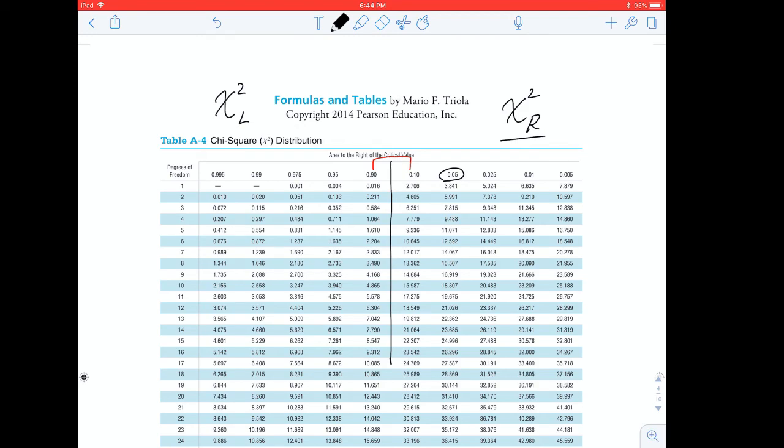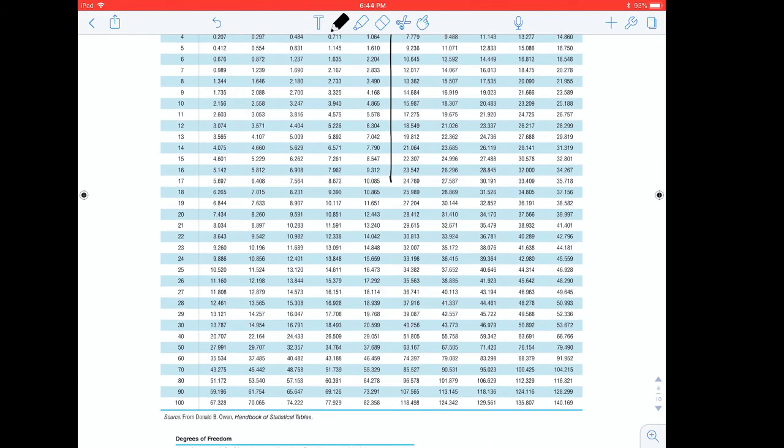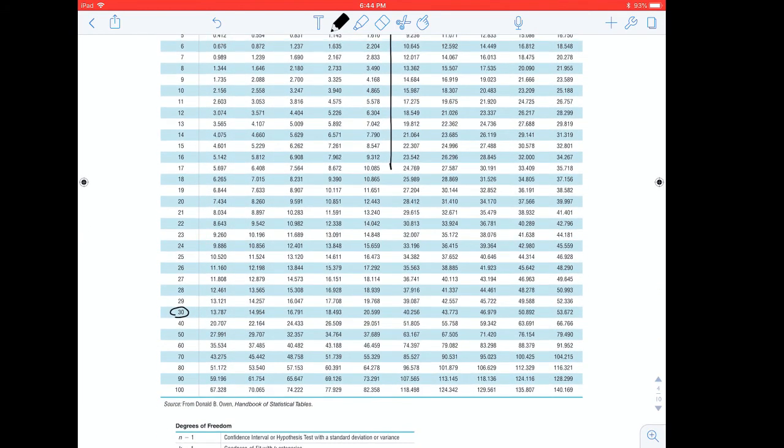Then go down to degrees of freedom of 32. And they don't have a 32. The closest they have is 30, so we'll use 30. Let me make sure I have the right column. So that's this column. So it's going to be this number right here is the critical value. 43.773.